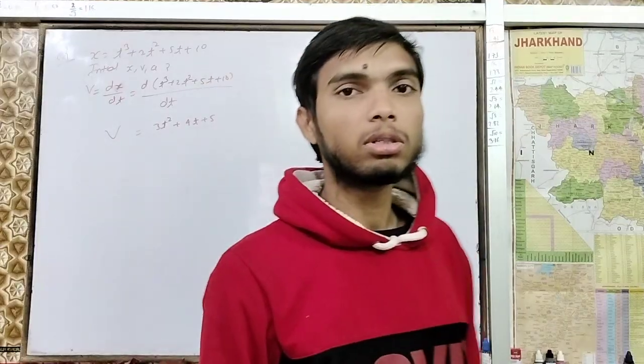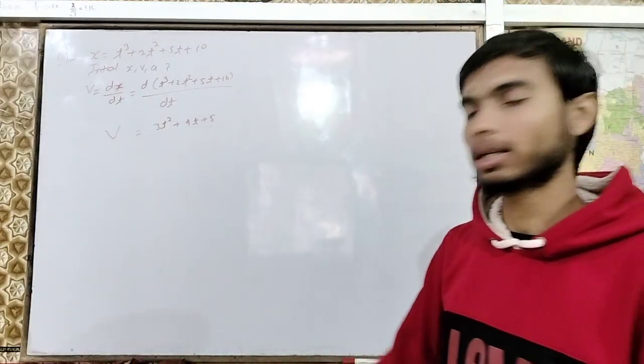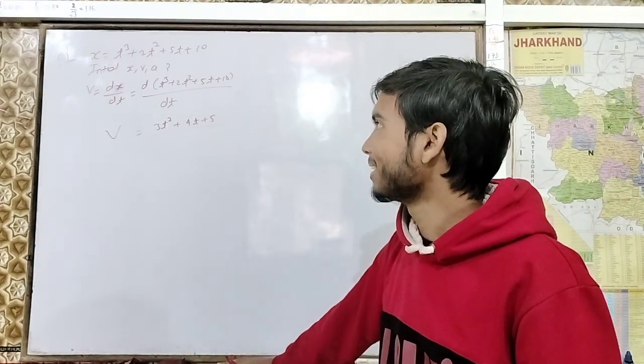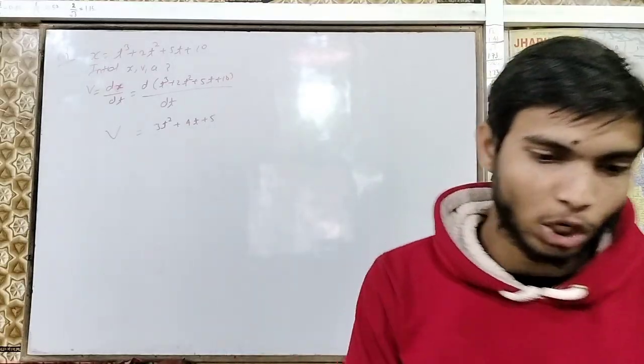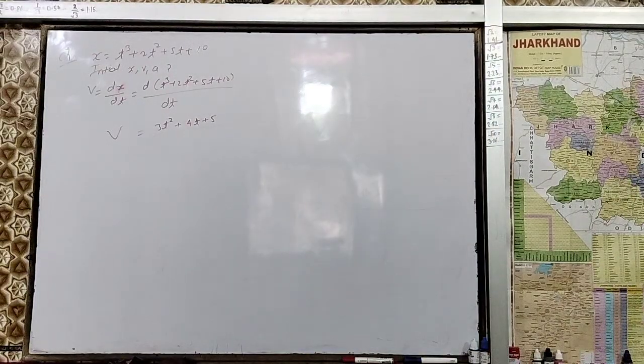There is a relation of v with t. Now at what second do we have to calculate?